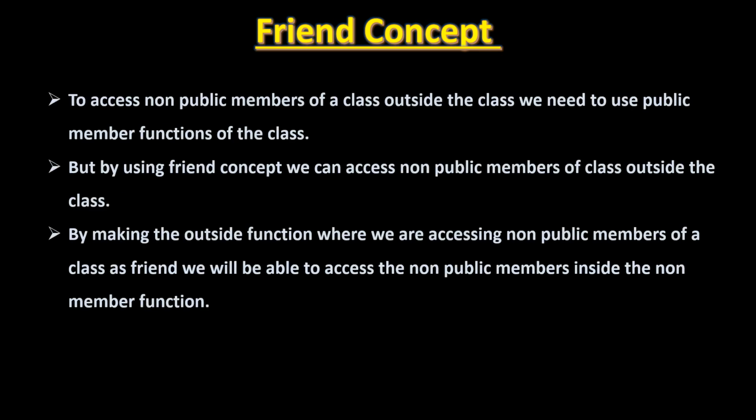So what we are trying to do is access non-public members of a class, meaning private or protected members, outside the class. Normally we need to use public member functions only, through which we access the non-public members of a class.